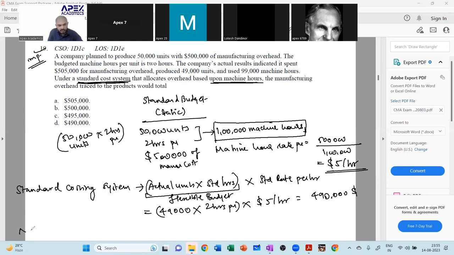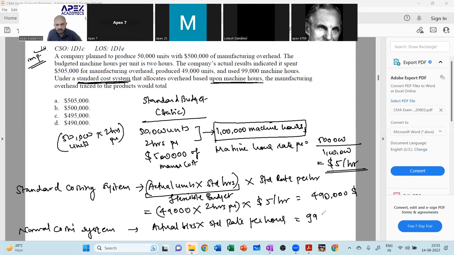If I was to do this on a normal costing basis, I am looking at actual hours multiplied by standard rate per hour, which is equal to 99,000 machine hours multiplied by $5 per hour, which is equal to 495,000.